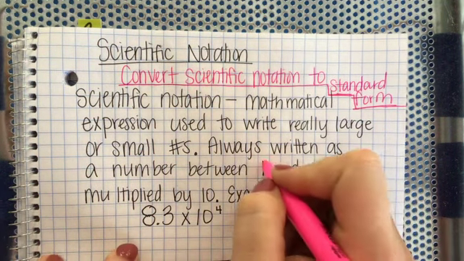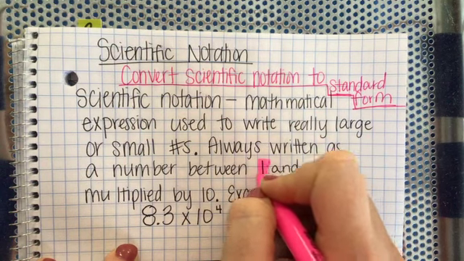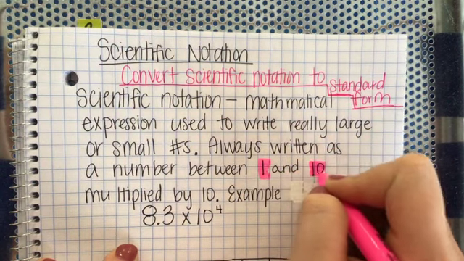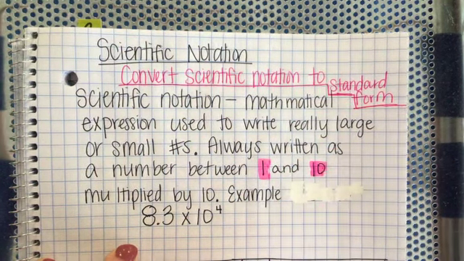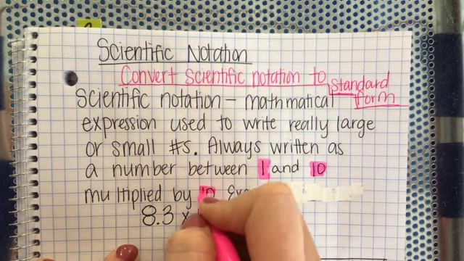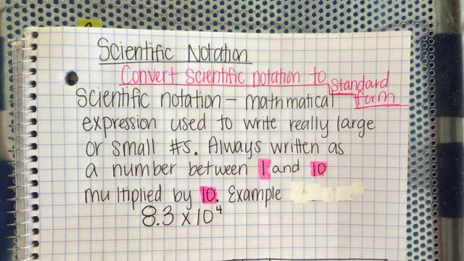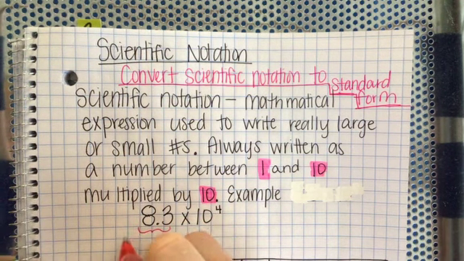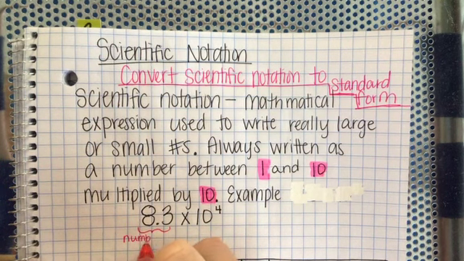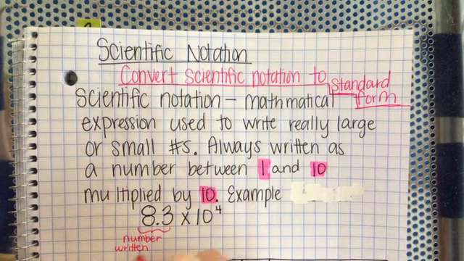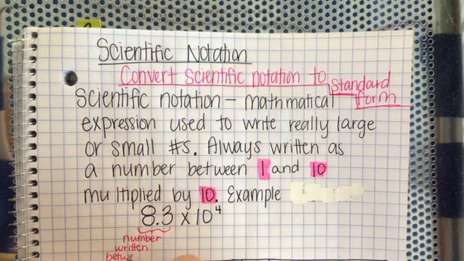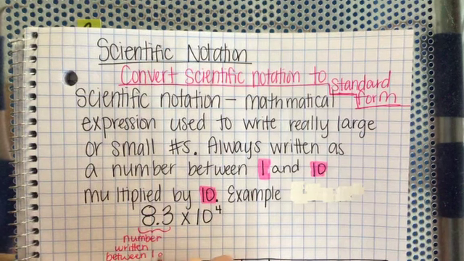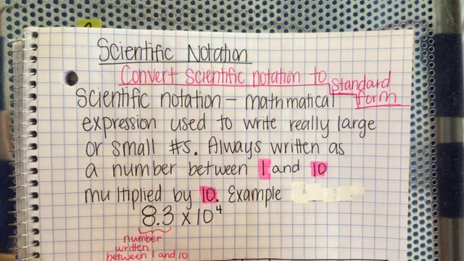So remember, and this is important, the number has to be written between 1 and 10, and then it's always multiplied by 10. So if you look at that, this is the number written between 1 and 10.